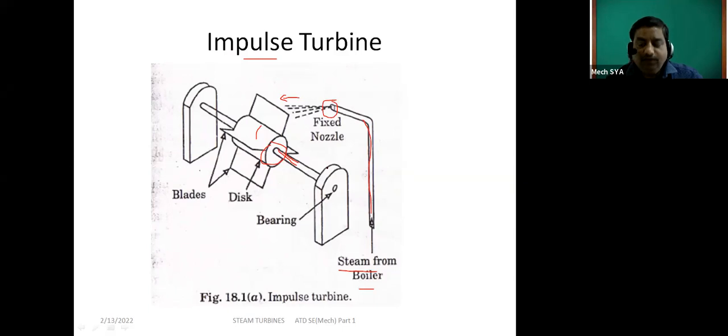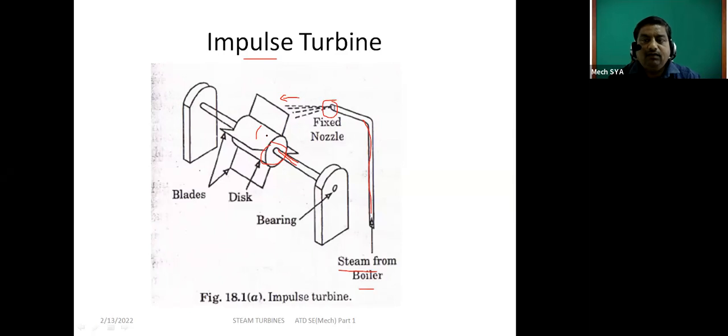The impact is only once, and the fixed nozzle is there. So all the pressure is expanding here. So afterwards the pressure is remaining constant throughout the stages. Okay, so this fixed nozzle is there. So the pressure remains constant here, and here the steam is impacting on the blades.